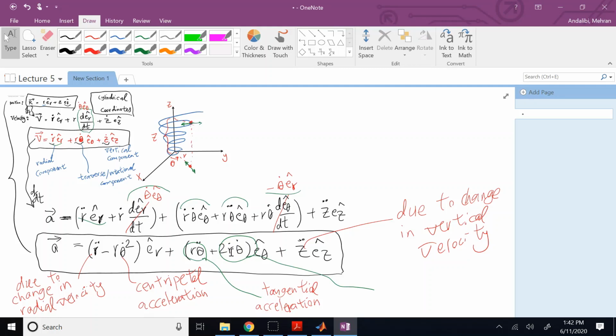First, it only happens when the radius changes and the rotation happens at the same time. In other words, if you go on a fixed circle, since the radius of the circle does not change, r dot is 0, therefore this term never exists. So you would never feel this term if you are going around a fixed circle.